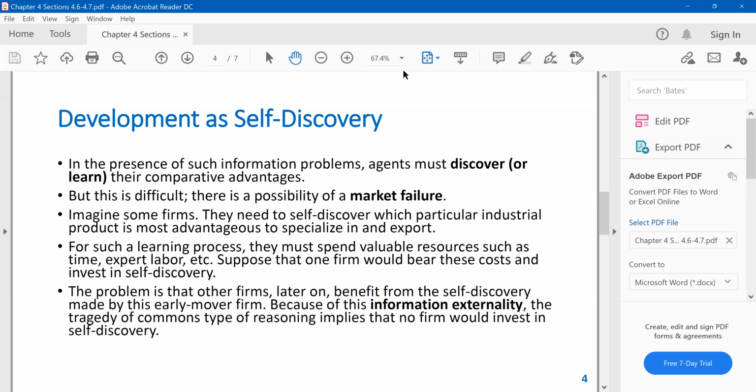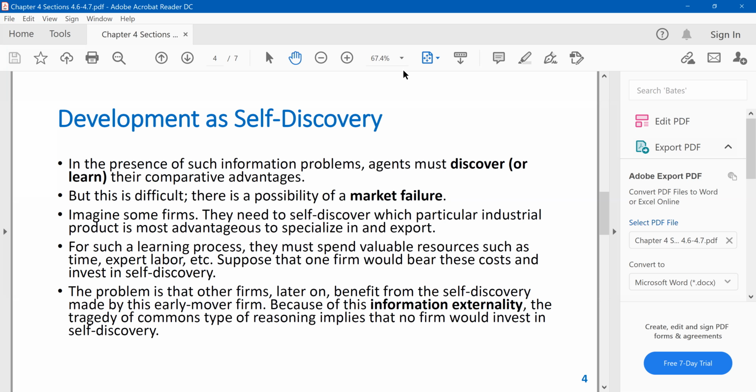That's a very typical tragedy of commons argument. Okay, no firm wants to pay these initial self-discovery costs. So these are information costs now. All right. So then we would have the problem, right? Because if nobody wants to be the first mover, then there's no first mover. All right.